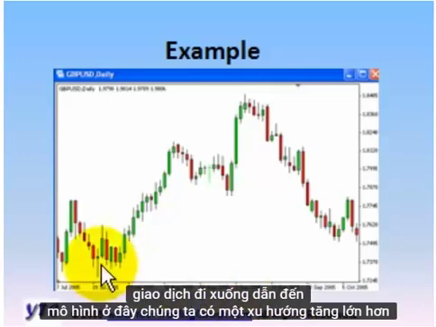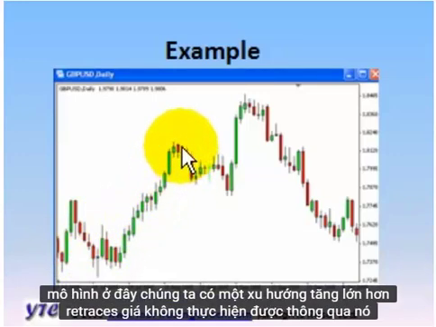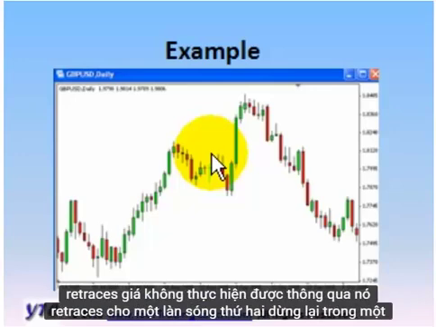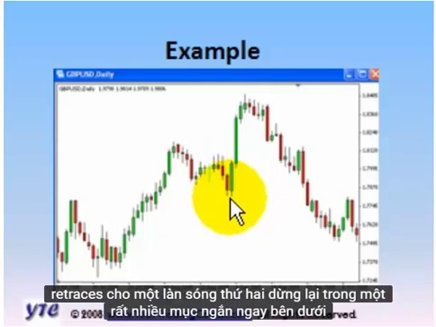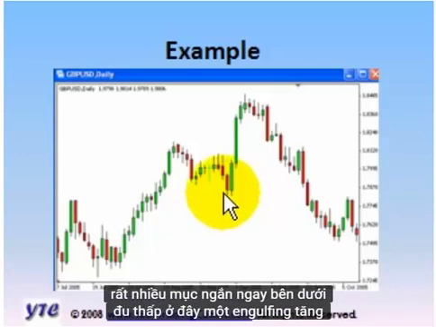Here we have a larger uptrend, price retraces, fails to carry through, and retraces for a second wave, stopping in a lot of short entries just below the swing low here.